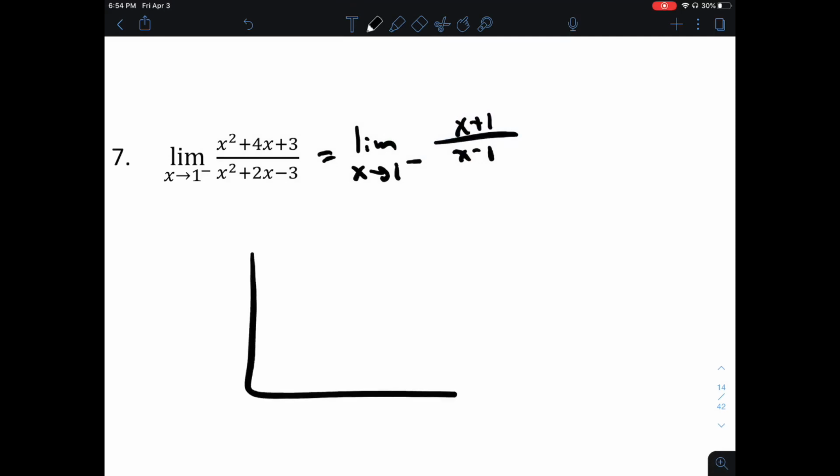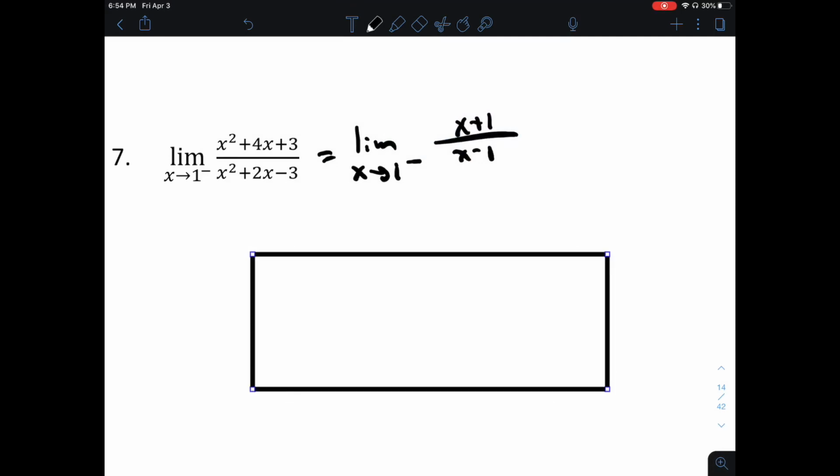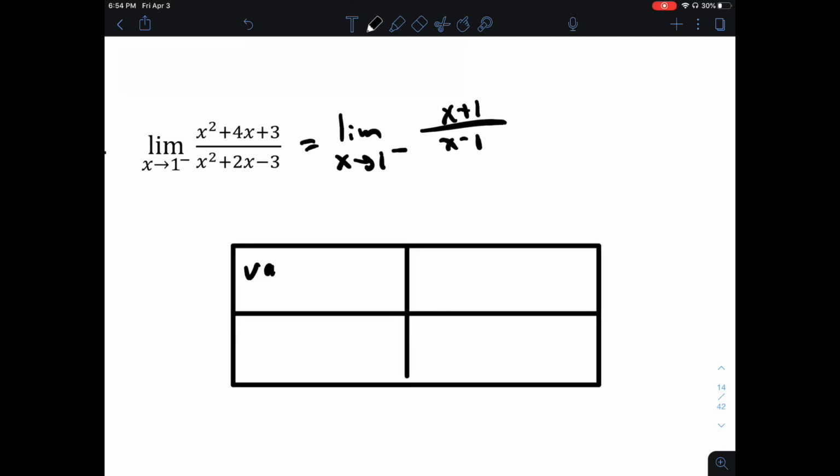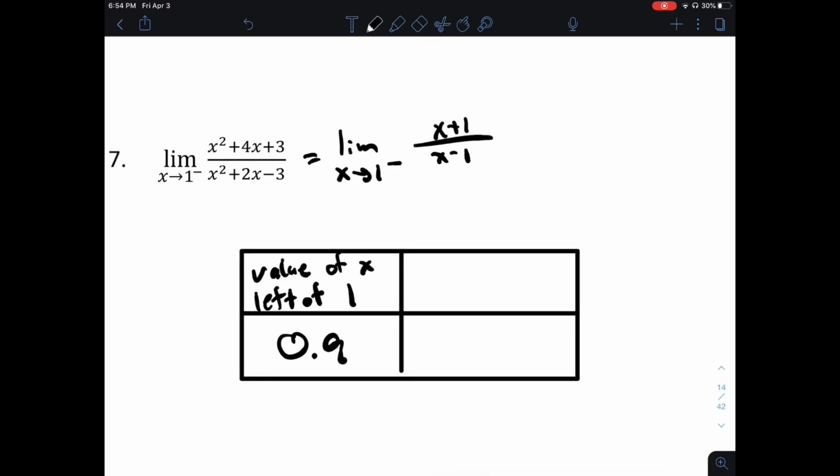And here is a cheating way to do that, using the word cheat very loosely. I'm going to make a table, try to explain what I'm doing. In this table, we're going to choose a value of x left of 1, something close, like maybe a 0.9. Depending on your perspective, 0.9 is close to 1 from the left.